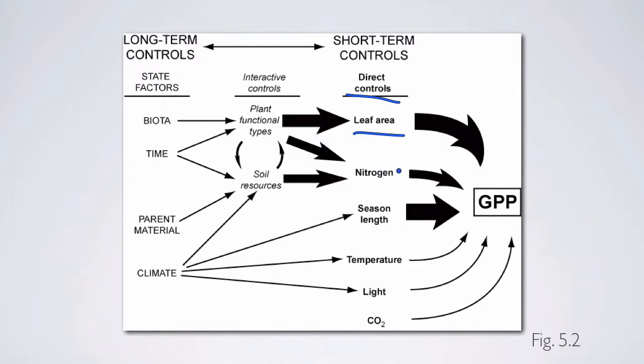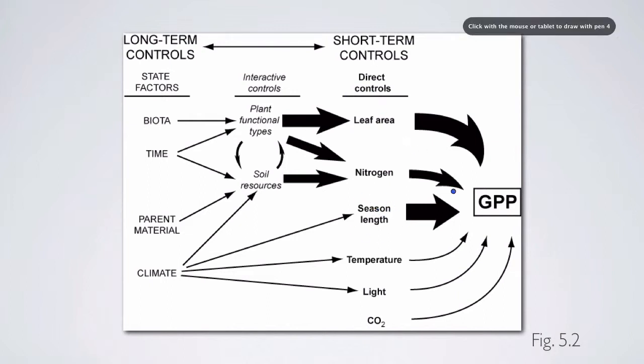The more nitrogen that is present in a plant, the greater the GPP. And the longer the season is, the greater the GPP. The size of the arrows here indicates the relative importance of these direct controls on GPP. So temperature, light, and CO2 impact GPP, but not as much as leaf area, for example, or nitrogen concentrations in the leaf, or how long the growing season is.